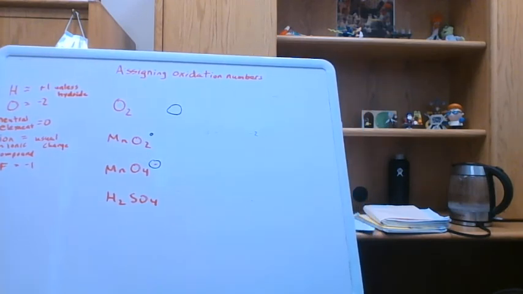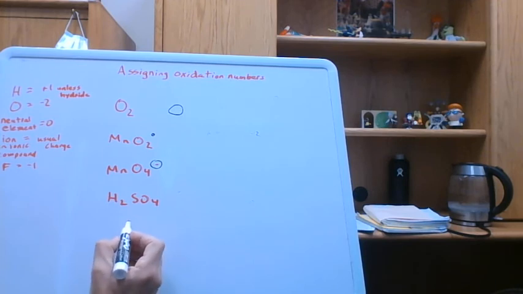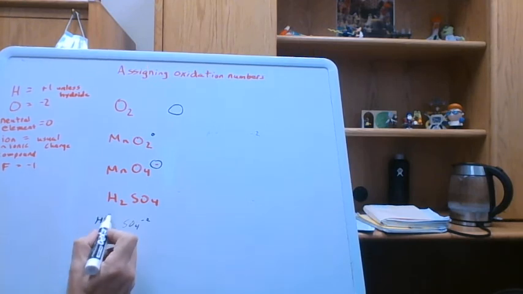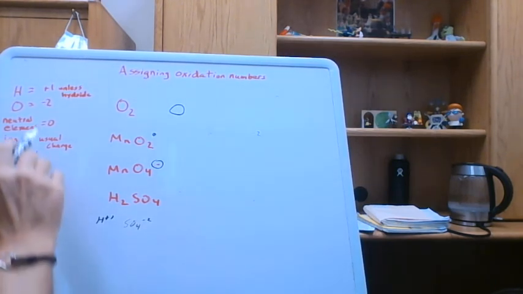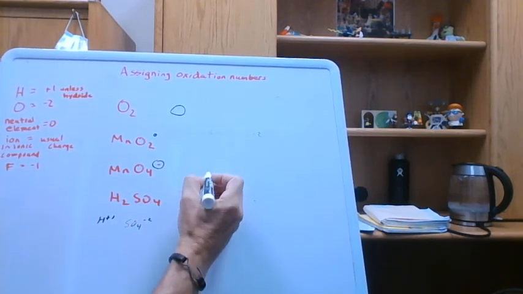There's a couple ways to look at this problem. We could say, well, SO4 is a polyatomic ion with a -2 charge, and these hydrogens are each going to be +1 because we assigned them a +1 up here. So you could split it in 2, or you could put it all together. So hydrogen is going to be a +1, oxygen is going to be a -2.